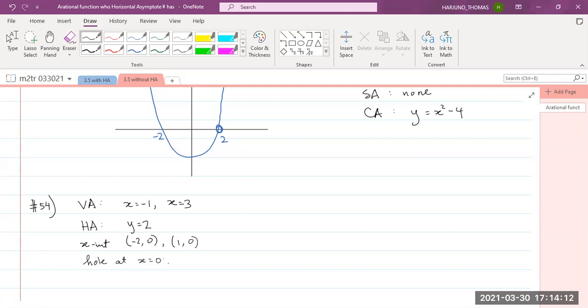Now, from here, can we find the function?